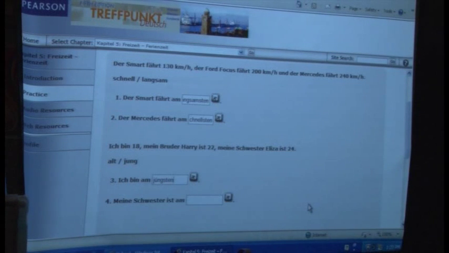Of course, here you could really say, ich bin die Jüngste. Or if you're a guy, ich bin der Jüngste. Ich bin die Jüngste in meiner Familie, der Jüngste. 'Cause you're a person. So understood is der Jüngste, das jüngste Kind, der jüngste Mann, die jüngste Frau, das jüngste Mädchen, okay? So you could say that here. Meine Schwester Elisa ist am ältesten, ja?